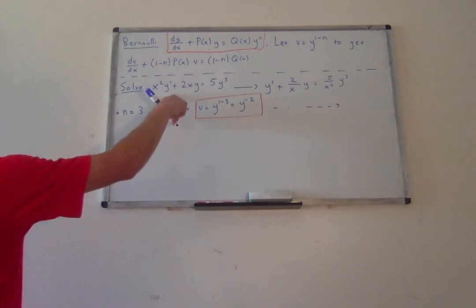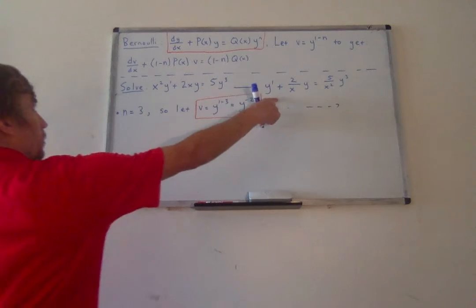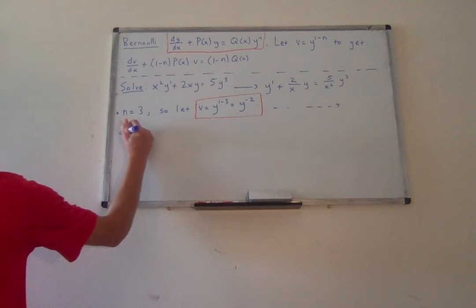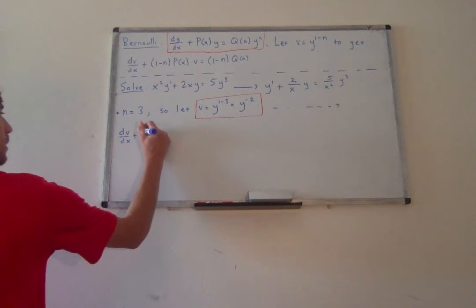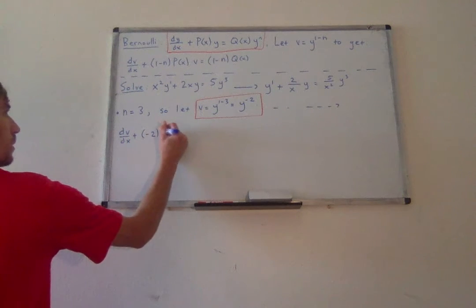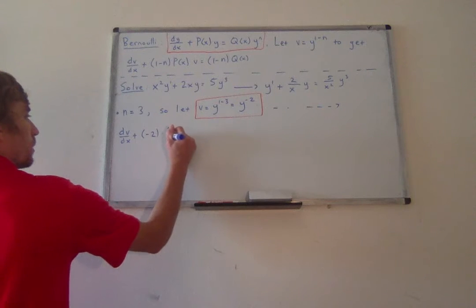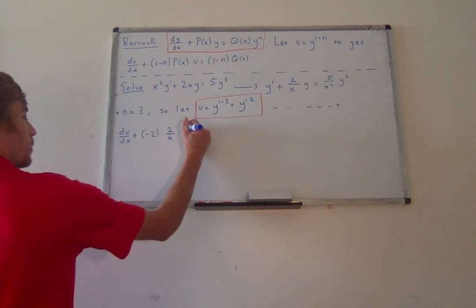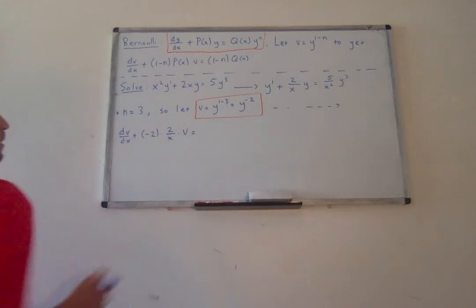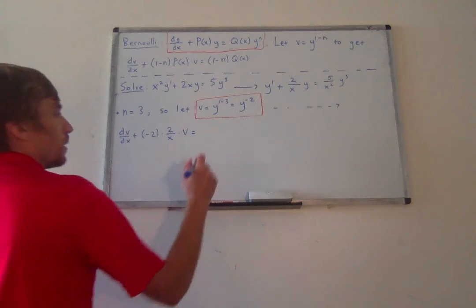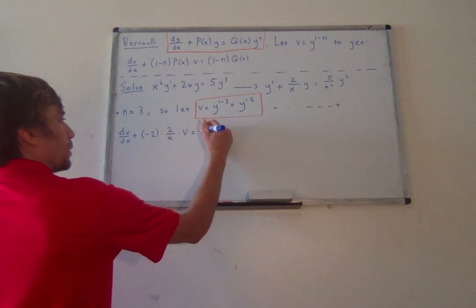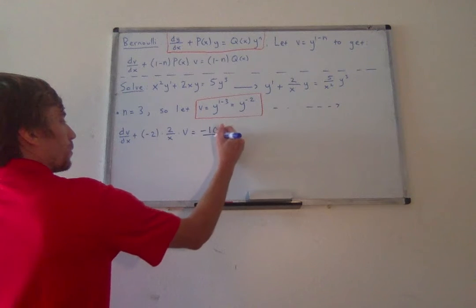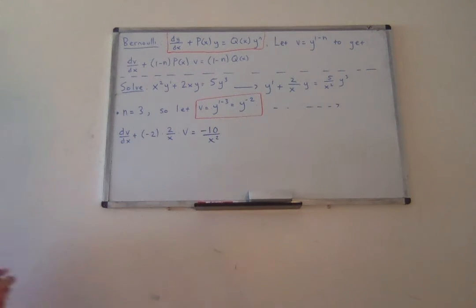my previous differential equation, this form, into dv/dx plus negative 2 times p of x times v is equal to negative 2 times q of x, which would just be negative 10 over x squared.